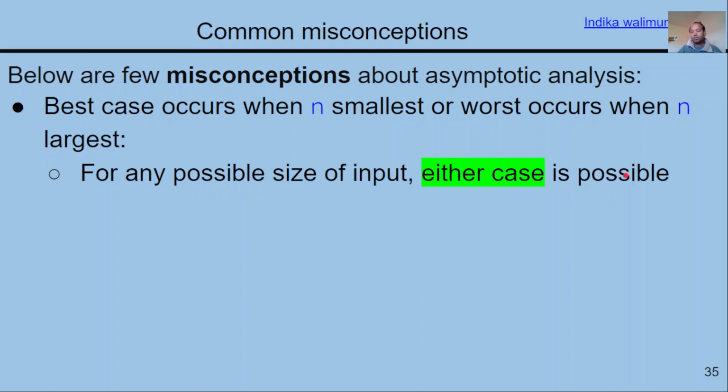For example, if you take a linear search in an array, the array is given. If the search key is at the first element, that's the best case. If the search key is located at the end of the array, that's the worst case. So either is possible.